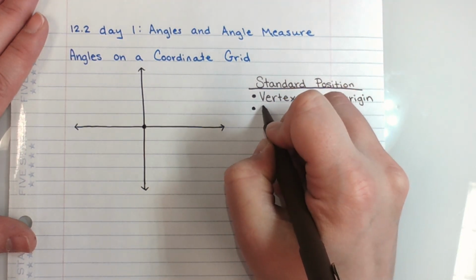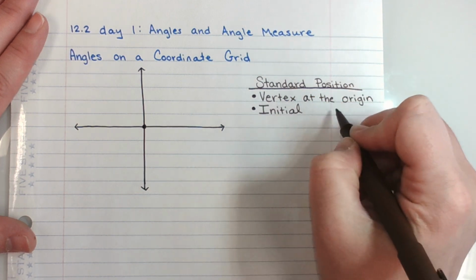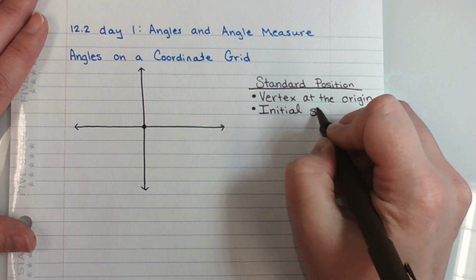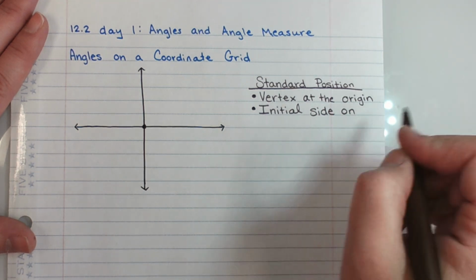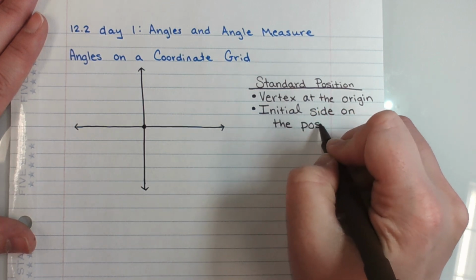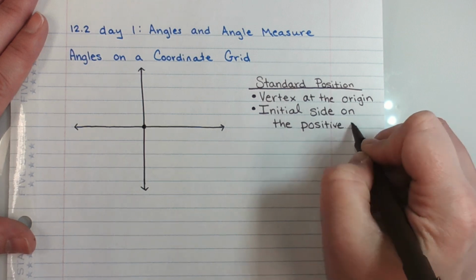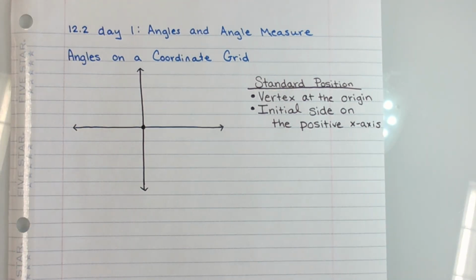What's known as its initial side will be on the positive x-axis. What is the positive x-axis?